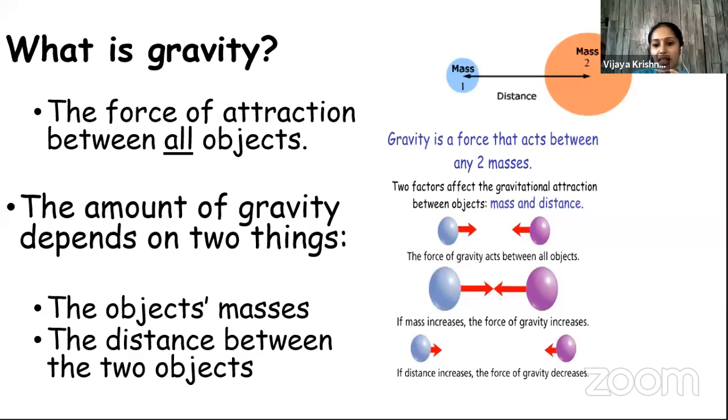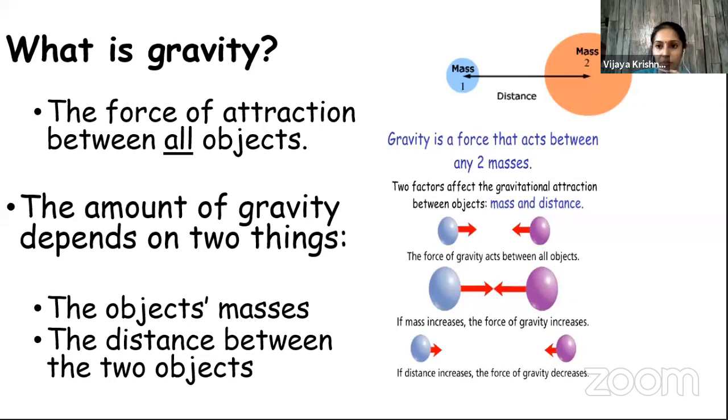So if the mass increases, the force of gravity also increases. If the distance increases, the force of gravity decreases. So if we want to have equal gravitational forces, the mass of the objects and the distance between them have to be monitored.